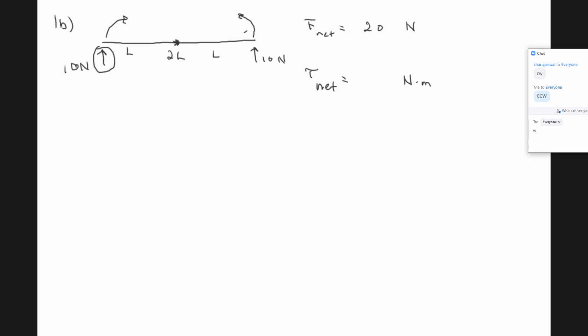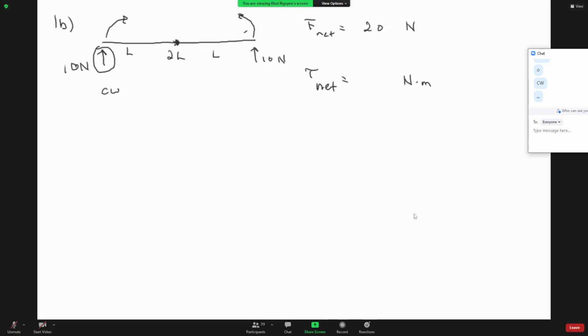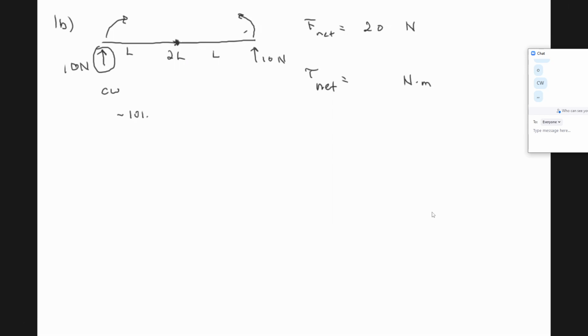Look at the pivot point and look at the rotation. This is going to be clockwise. This is going to be negative 10L Newton meters. This one on the right-hand side is going to be counterclockwise.